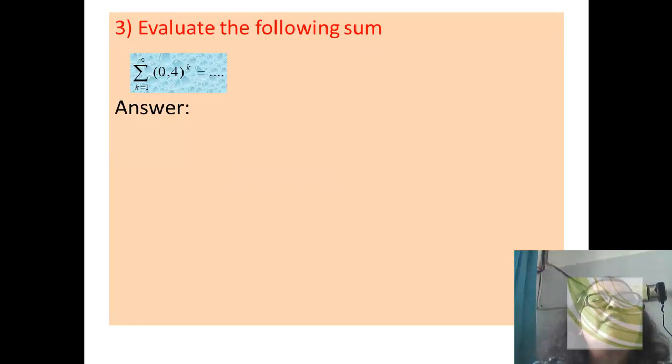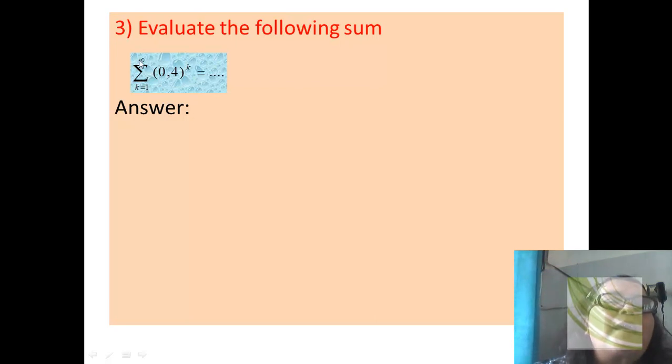Number 3: evaluate the following sum, the sum from k equals 1 to infinity of 0.4 to the power k.